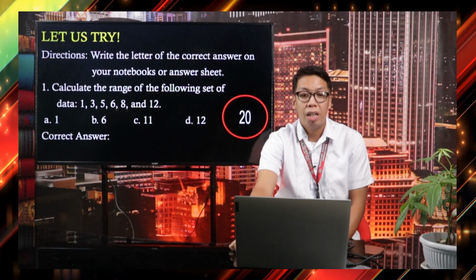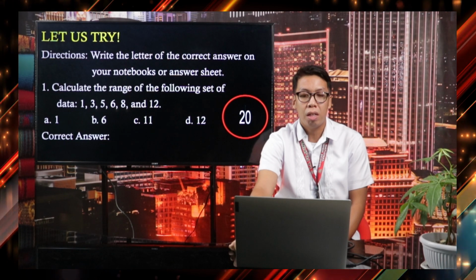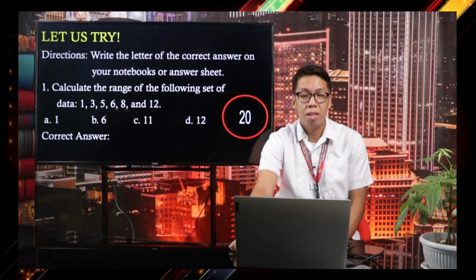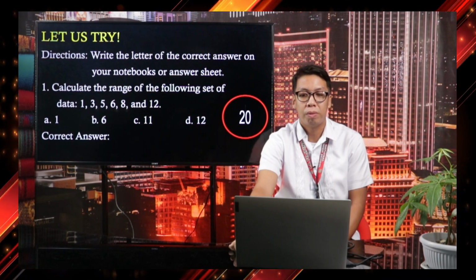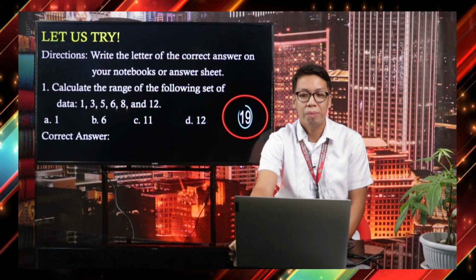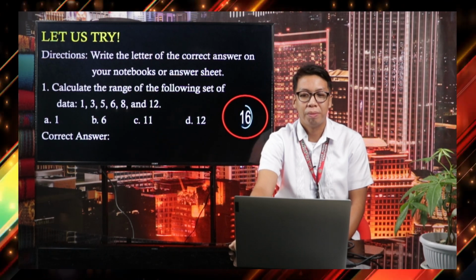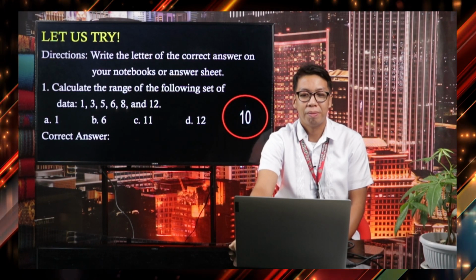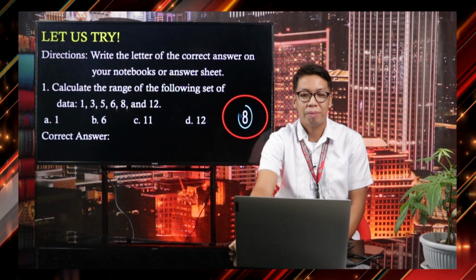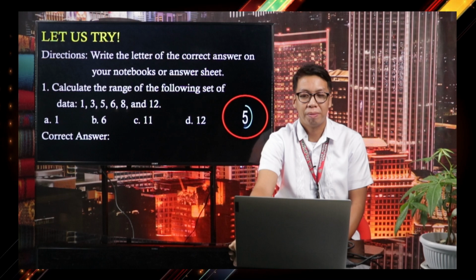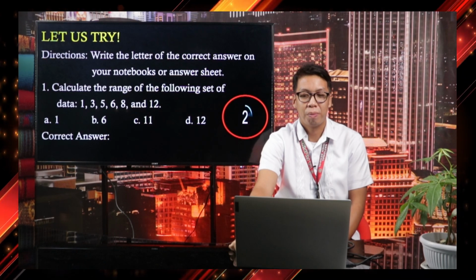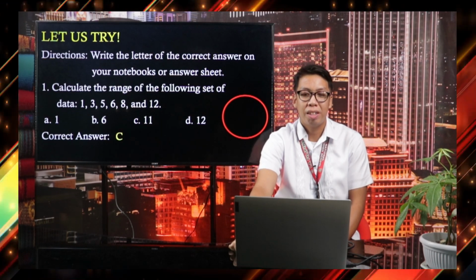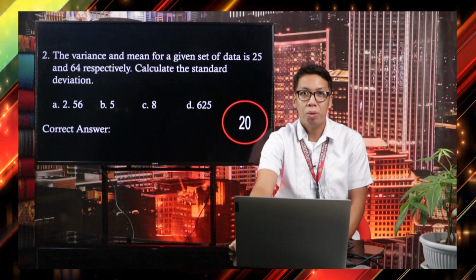Number 1. Calculate the range of the following set of data: 1, 3, 5, 6, 8, and 12. Time is up. The correct answer is letter C. Number 2.